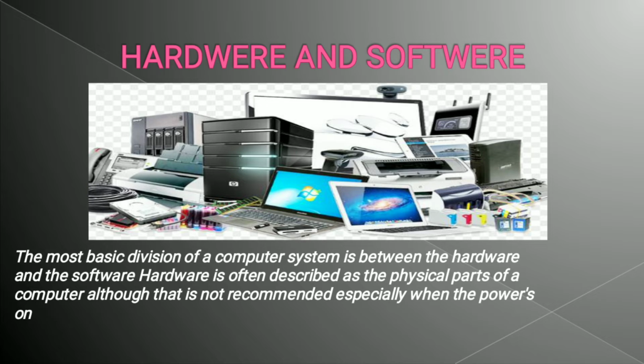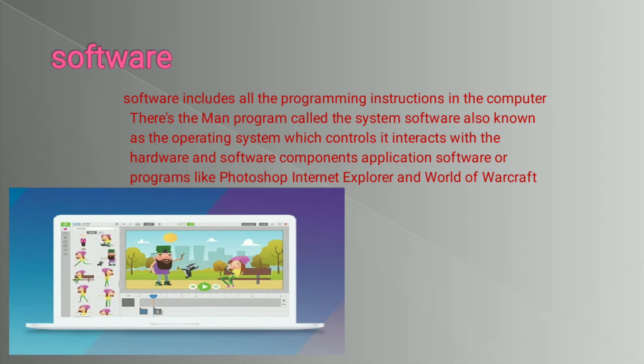Hardware and software. The most basic division of a computer system is between the hardware and the software. Hardware is often described as the physical parts of a computer, although that is not recommended, especially when the power's on.